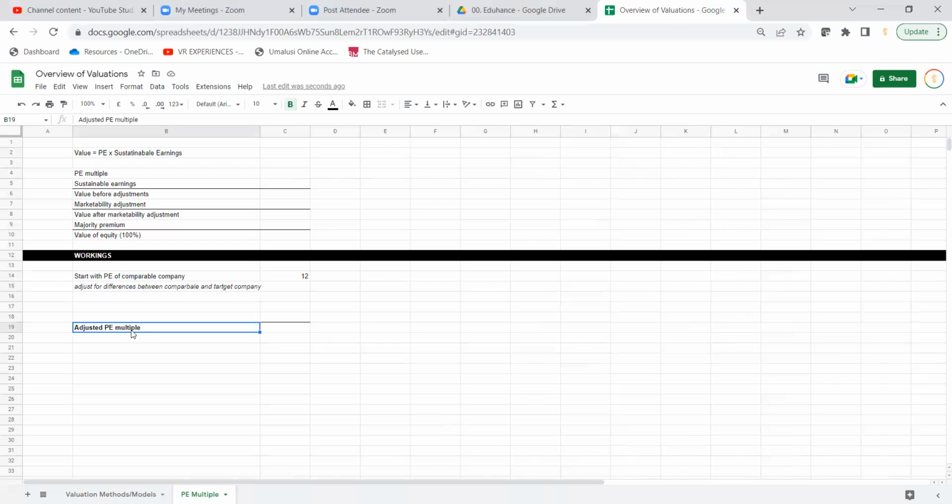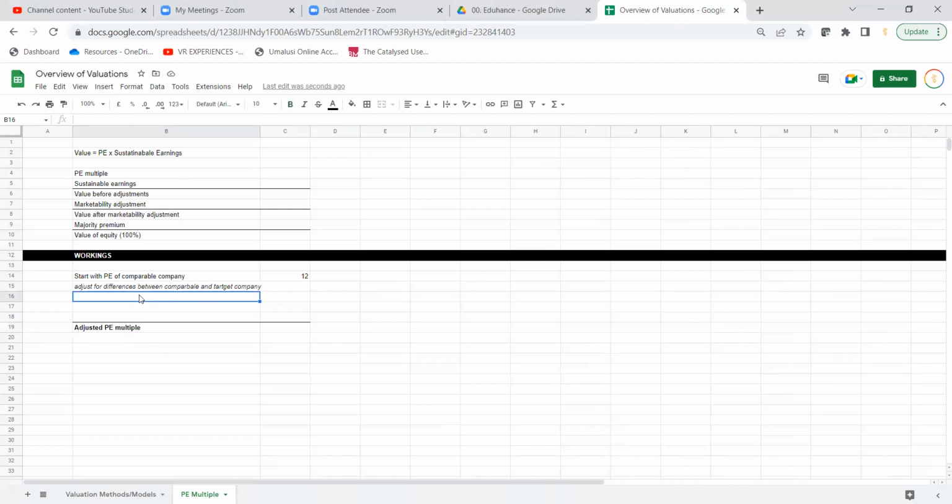So what are examples of adjustments? Typically, you must make adjustments to a PE multiple for differences between us and the comparable company that cannot be taken into account when adjusting earnings. You don't want to make an adjustment over here and make the same adjustment when you adjust earnings, because then you'll be double counting the adjustment.